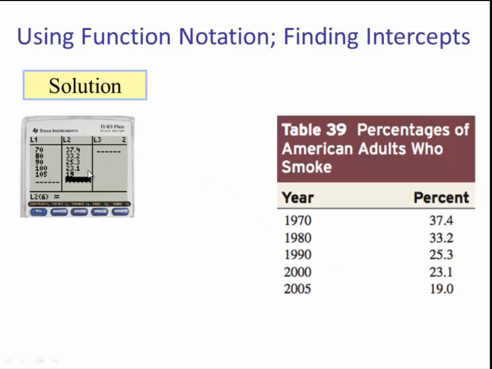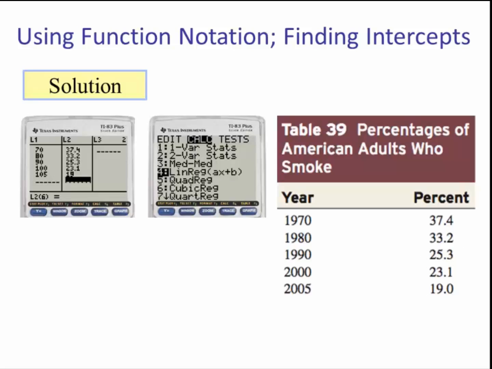So the first thing we want to do is grab our graphing calculator, hit stat, and then enter. The independent variable is the number of years since 1900, so we enter 70, 80, 90, 100, 105. And then in list 2 is our dependent variable, which is the percentage.